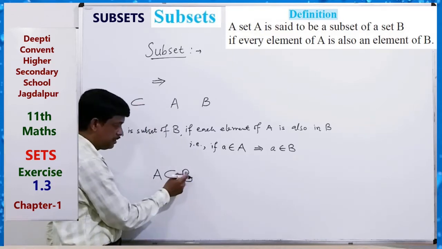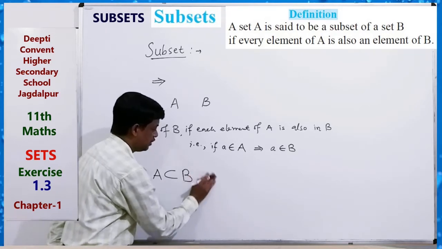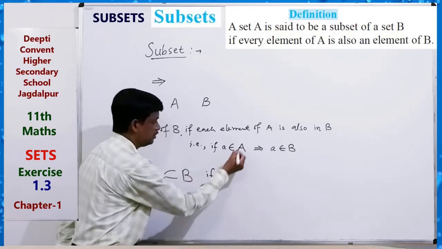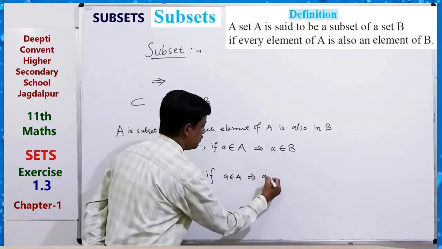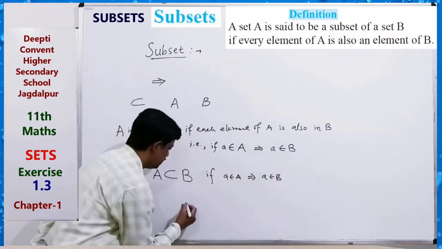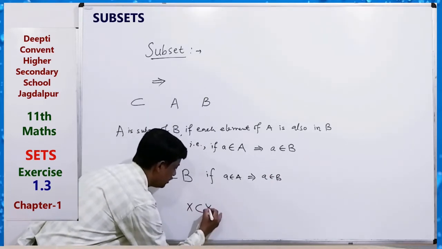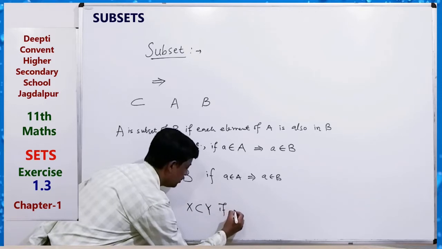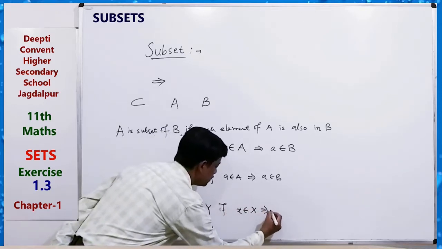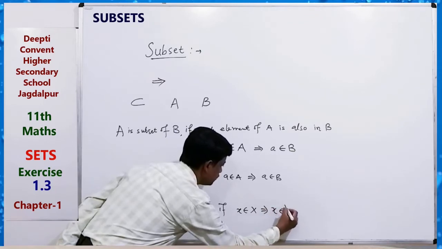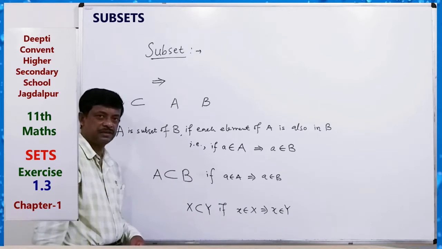A subset B if a belongs to A implies a belongs to B. Similarly, X subset Y if x belongs to X implies x belongs to Y. Okay, these are the notations for subset.